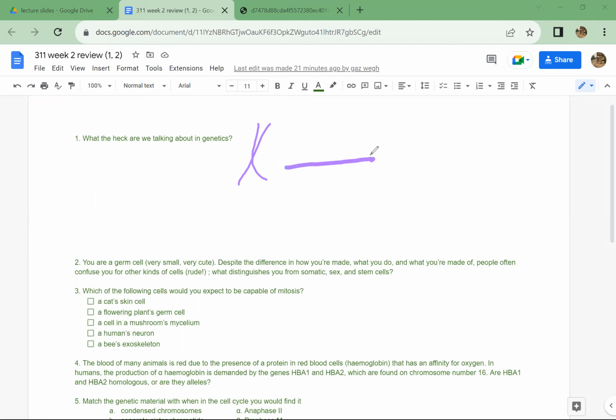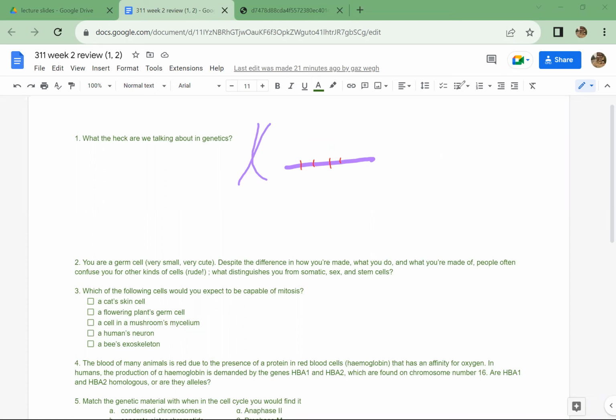And what do we think that is? Well, we are talking about genetics. What we're talking about are the genes, the special combinations of chemicals that provide instructions for our cells throughout their cell cycle.